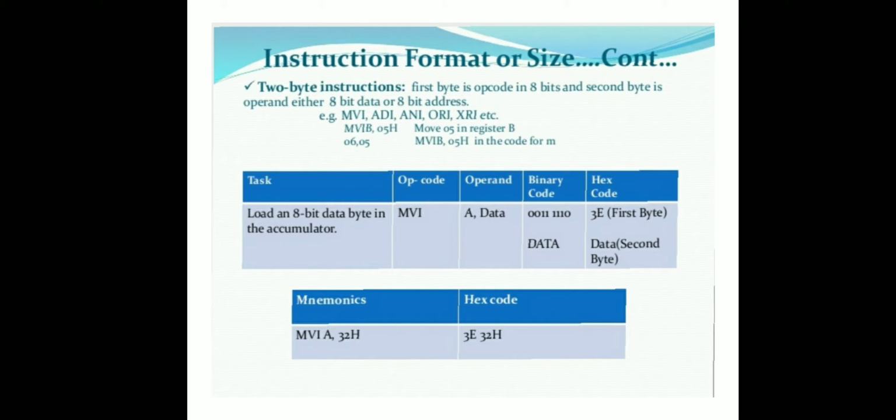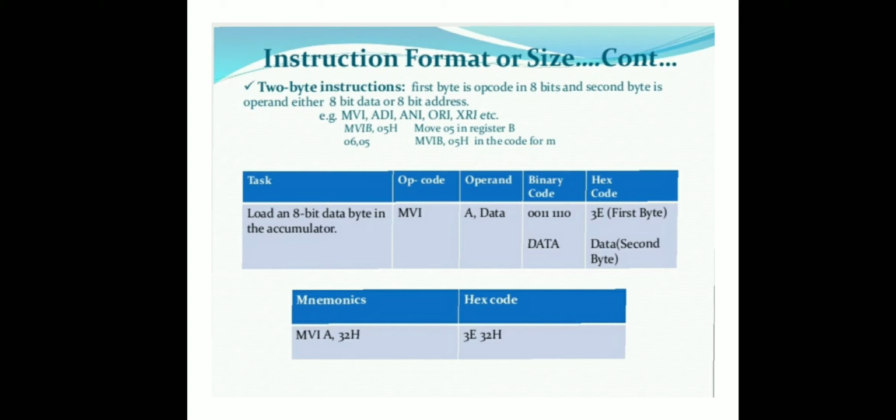In this instruction, the first byte is the opcode, which is 8-bit or 1 byte, and the second byte is the operand, which is either 8-bit data or an 8-bit address of the data. For example, move immediate MVI, add immediate, AND immediate, OR operation immediate, XOR operation immediate.